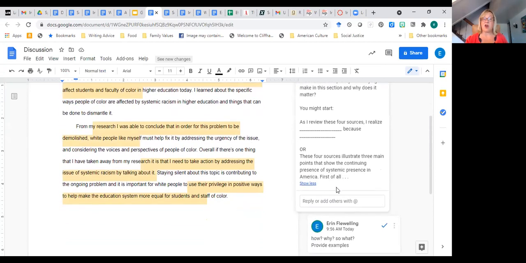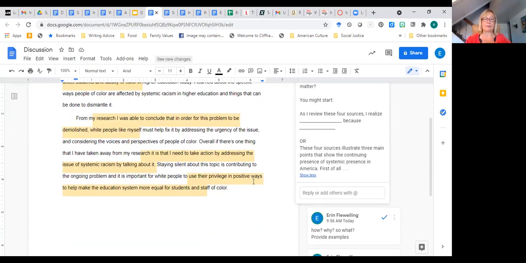Or the author might start with these 4 sources illustrate 3 main points that show the continuing presence of racism in America and in higher education, first of all. And that would allow the author to add those statistics.